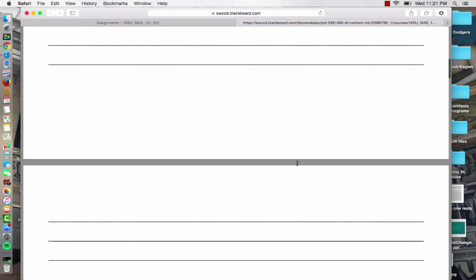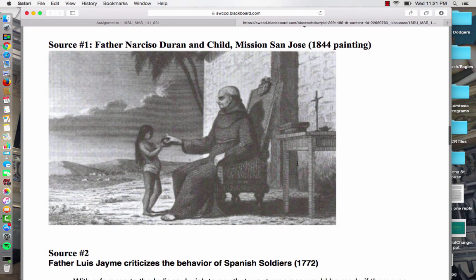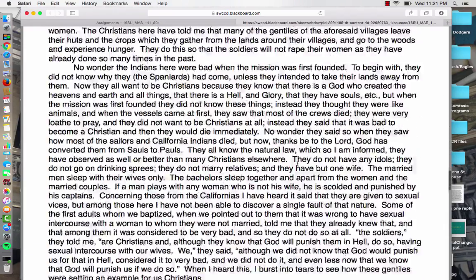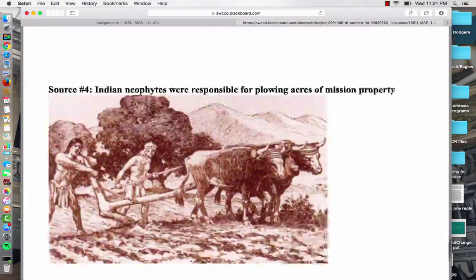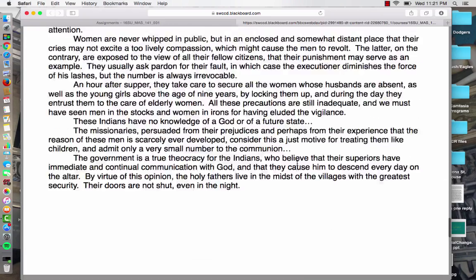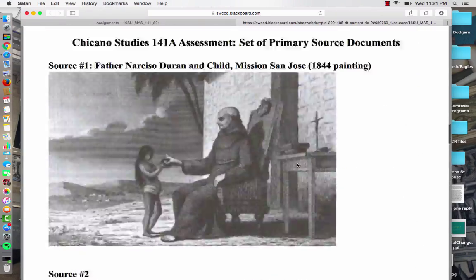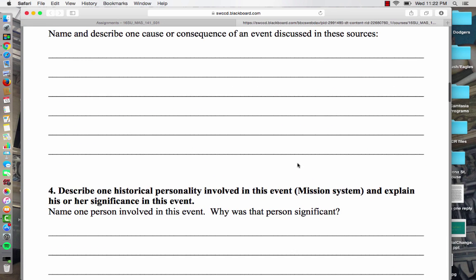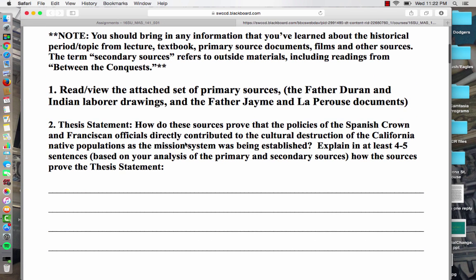And again, by sources, I mean all of these right here, from Father Duran to Father Jaime, the La Perouse statement, and of course the painting of the neophytes. So by looking at those four sources, tell me in 4 to 5 sentences what makes this statement true, that the Spanish crown and Franciscan officials directly contributed to the cultural destruction of the California Indian populations.